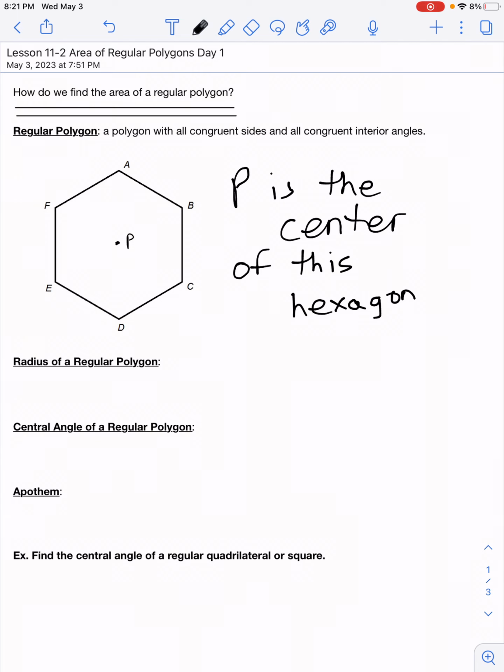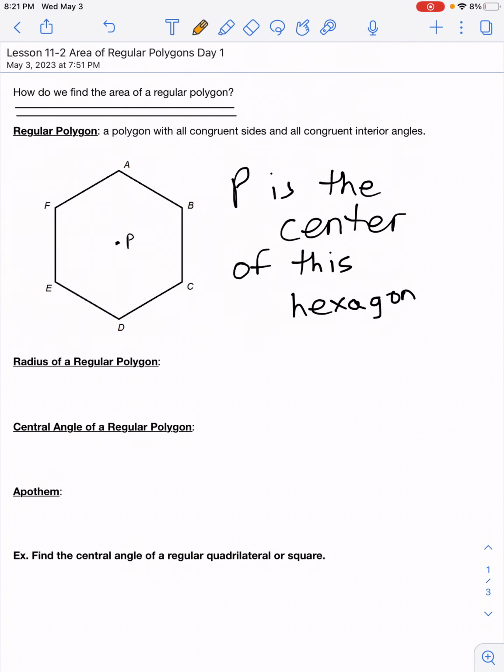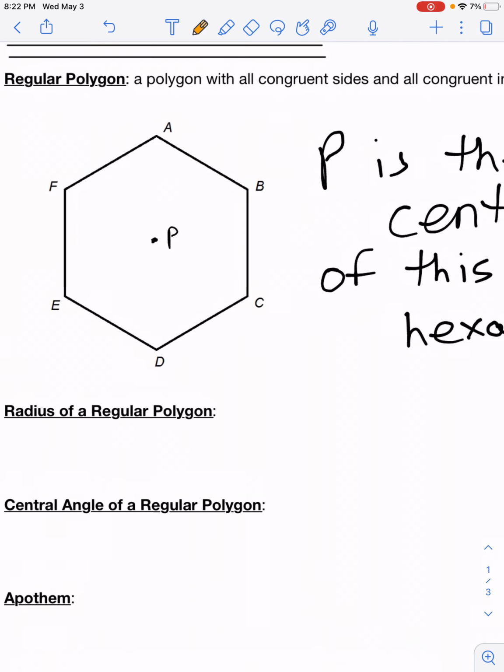Now from the center we have a couple of other measurements. The first one we're going to talk about is the radius of a regular polygon. Very similar to a circle, the radius starts in the center of our polygon, so it goes from P to one of our vertices.